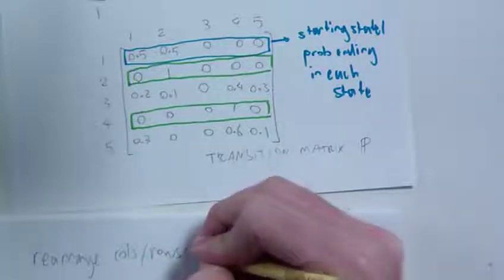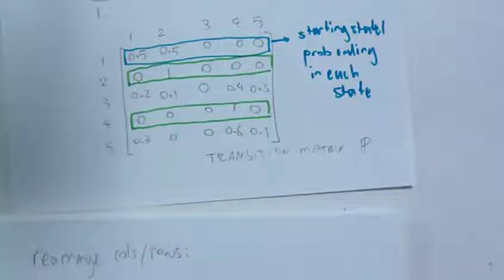What I'll need to do is rearrange those columns and rows, and I'll need to make sure that the rows are in the same order as the columns, but not the same order they were before. So what I'll do is I'll put the non-absorbing states first and then the absorbing states last. So my absorbing states were 2 and 4, and then I'll have 1, 3, 5.